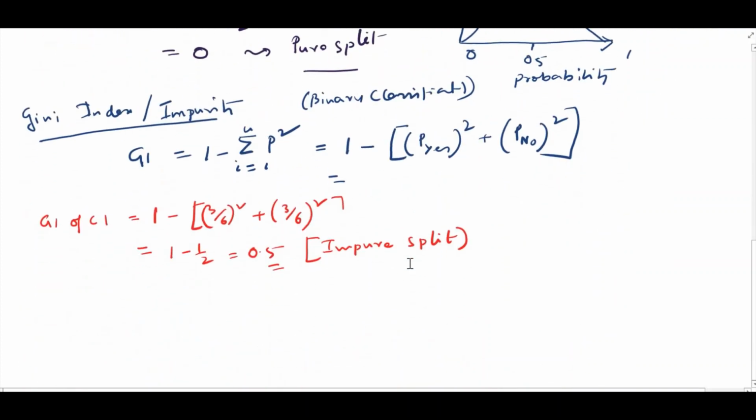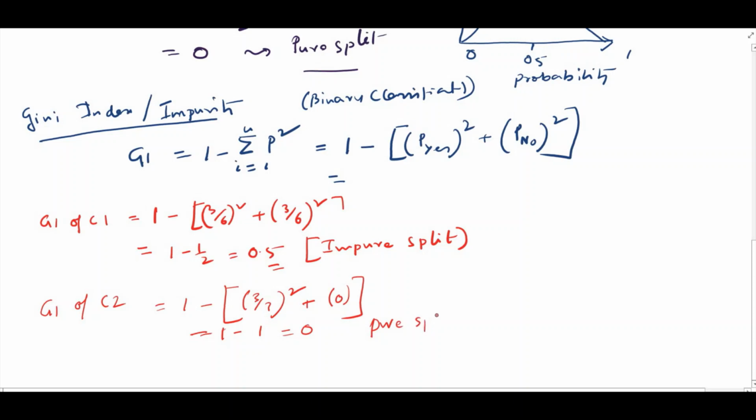Clear up to this? Okay, and then again calculate the Gini index of C2. This is basically again 3 by 3 whole square plus 0, so it will give me 1 minus 1, which is 0, and this is my pure split.